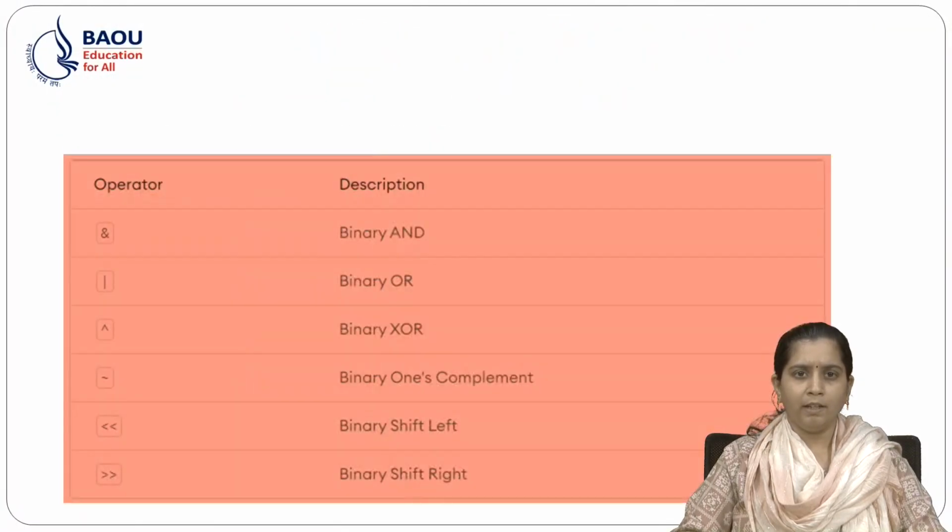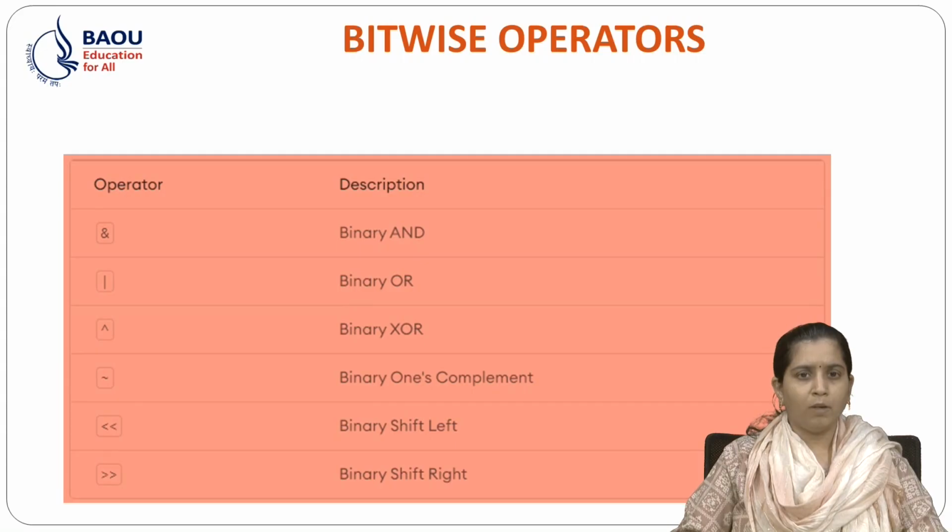Now, let us see bitwise operators. Bitwise operators in C++ are used to perform operations on individual bits. They can only be used alongside char and int data types. No other data types are used in bitwise operators.